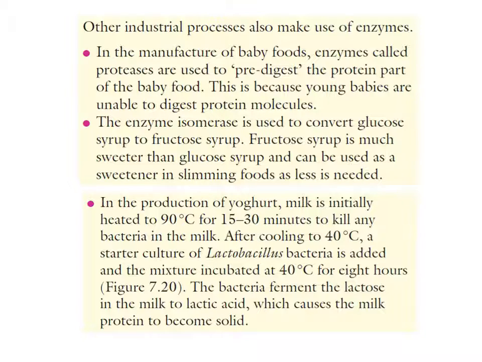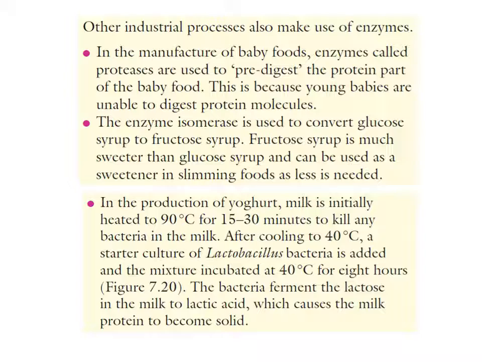In the production of yogurt, milk is initially heated to 90 degrees for 15 to 30 minutes to kill any bacteria in the milk. After cooling to 40 degrees, a starter culture of Lactobacillus bacteria is added, and the mixture is incubated at 40 degrees. Incubated means kept at 40 degrees for 8 hours.